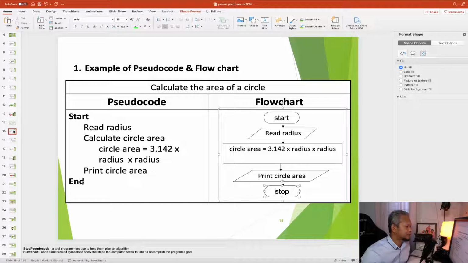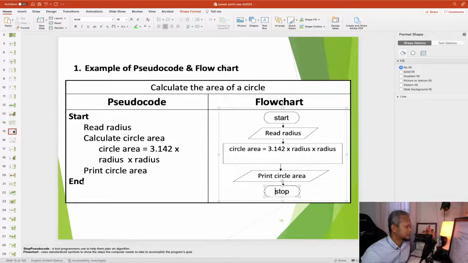Okay, you need to simplify. You need to calculate 22 over 7 is 3.142, and then R power of 2, you need to separate it. The computer cannot process that calculation, only multiplication. R power of 2 is radius times radius, or you can write R times R. So we understood that R is radius.